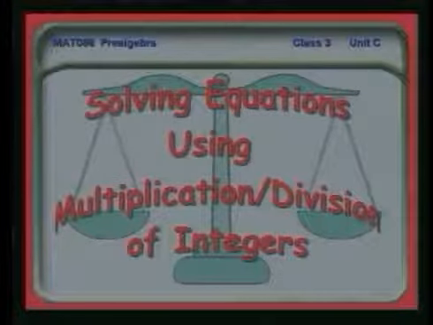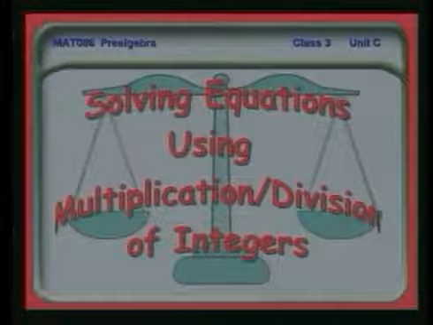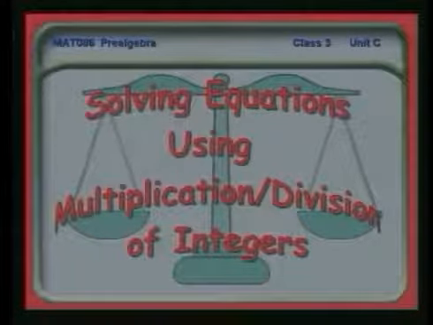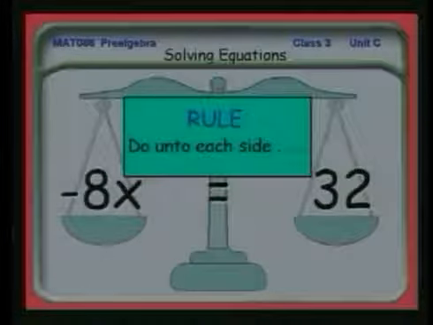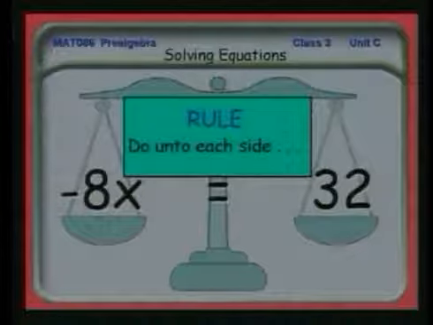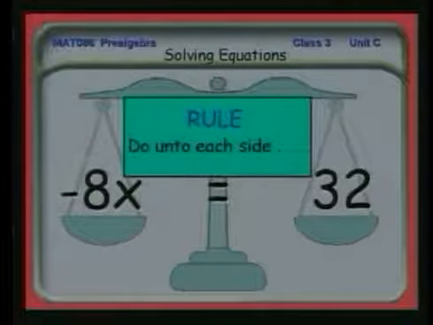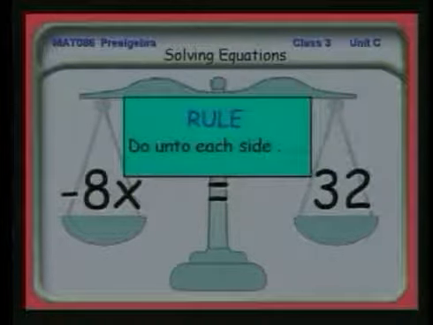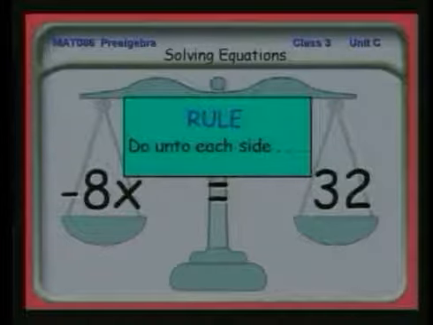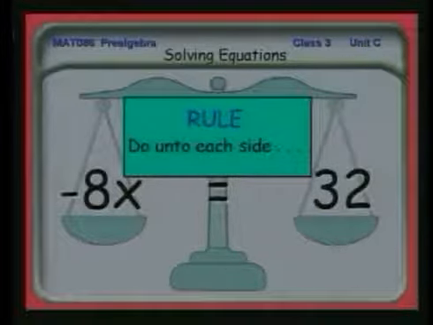We're going to continue using the rules we've seen so far, solving equations using multiplication and division of integers. The same rule applies: do unto one side of an equation that which you would do unto the other. Now we need to get x by itself, and I see that x is multiplied by negative 8.